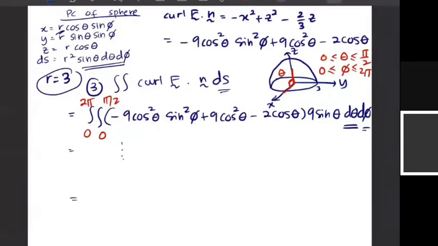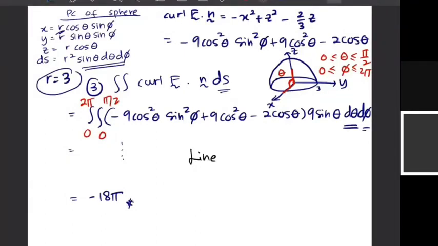Okay. Then we want to determine the limits. Okay, this is our graph. We have the graph from before, a half sphere. We have theta and we have phi.